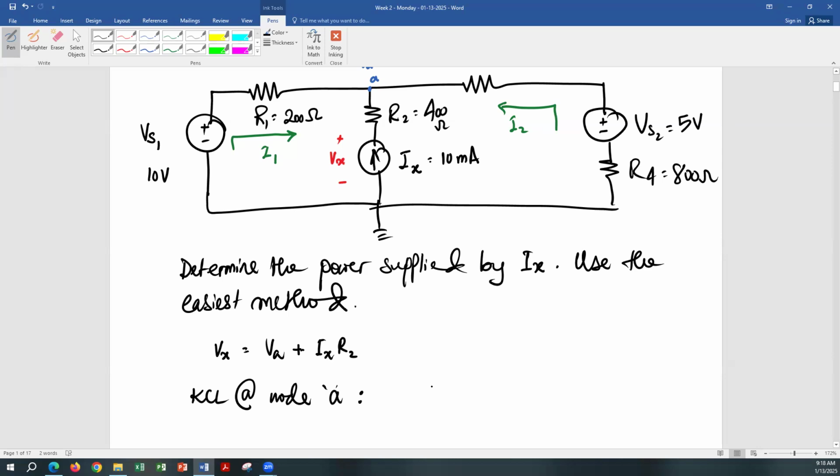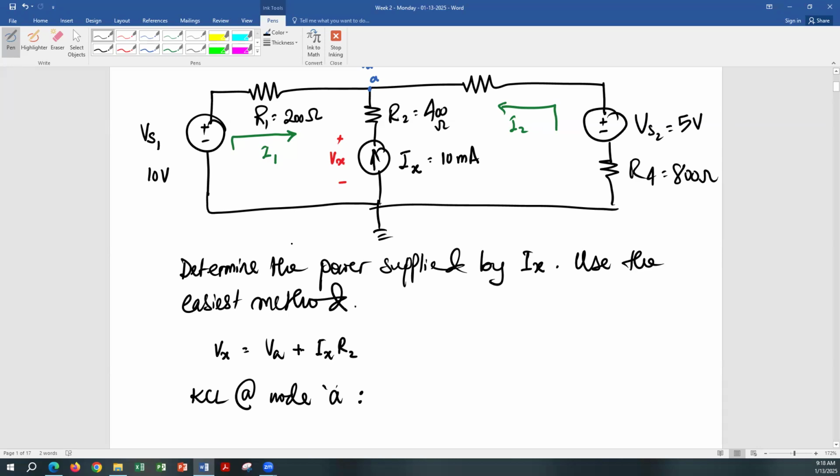KCL simply says the sum of currents going towards the node is equal to the sum of currents going away from the node. Look at the direction. All three currents are going towards node A, right? So the sum of all three currents should be equal to the currents going away from node A, which is none, so it is equal to 0.